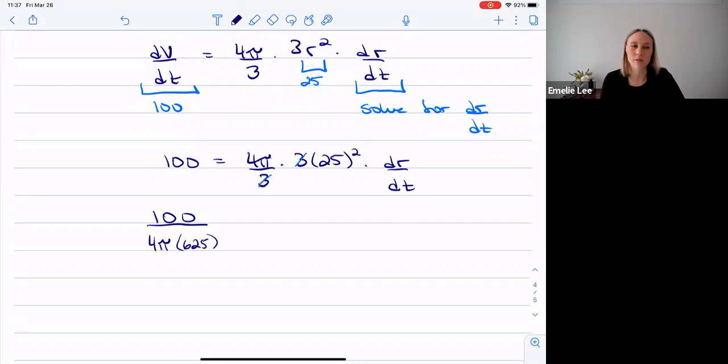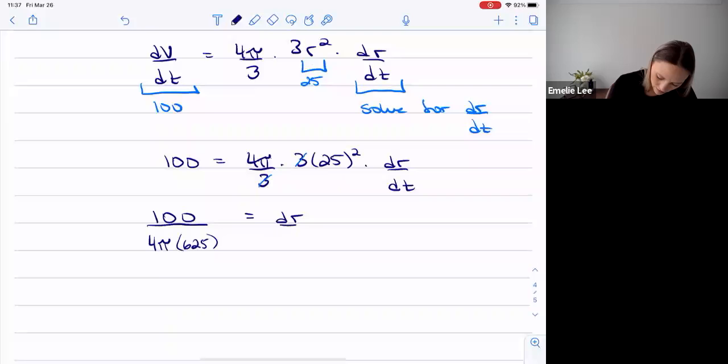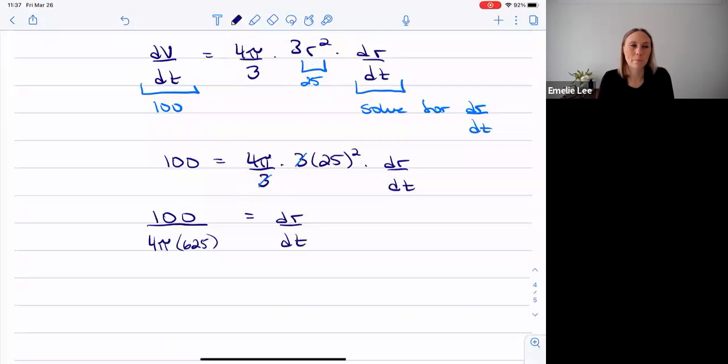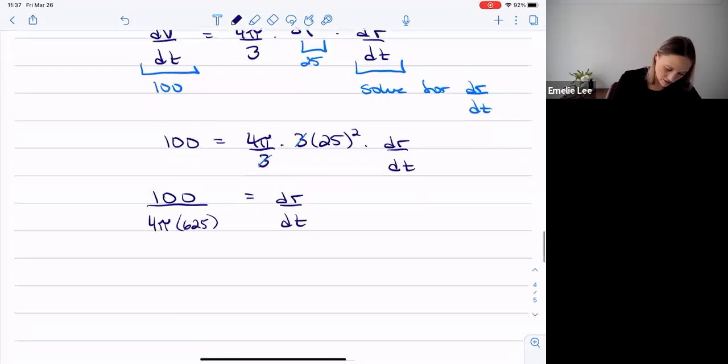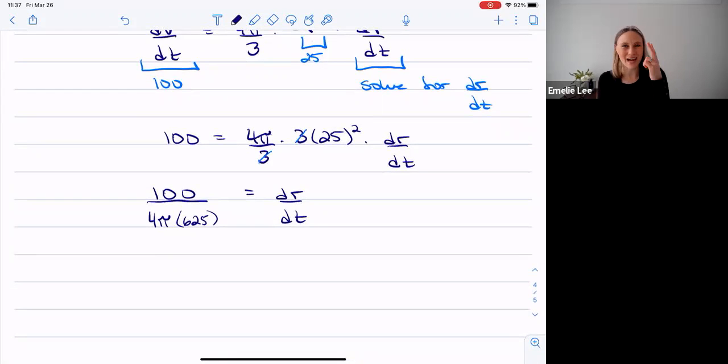Or if you want to keep it 25 squared, that's fine too. If I do 100 divided by 4 times pi times 625, I get a value. I like to have what I'm solving for on the left-hand side, and that's just a personal hang-up, so I'm going to switch the dr/dt to be on the left.